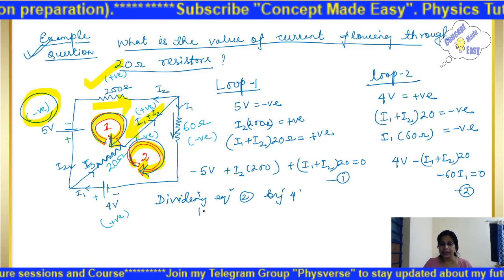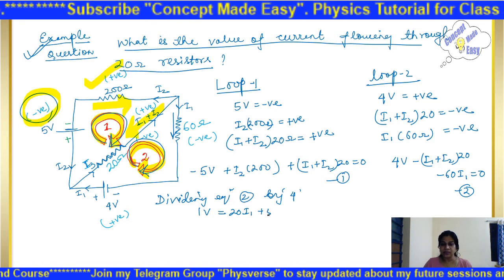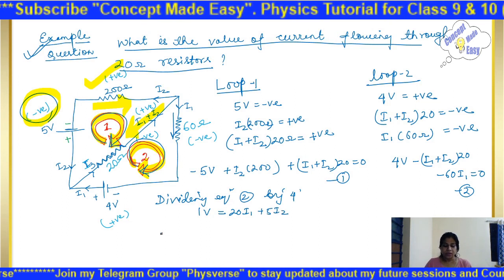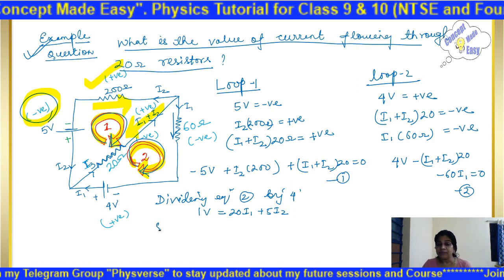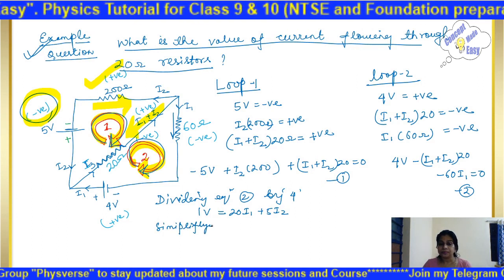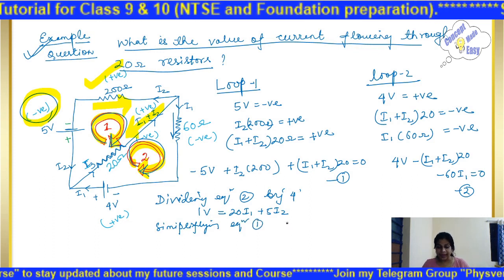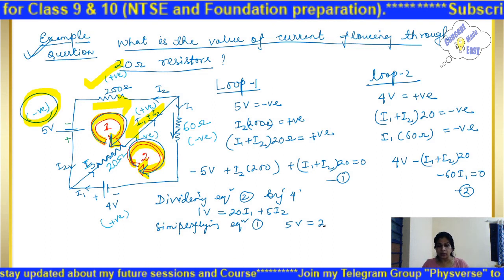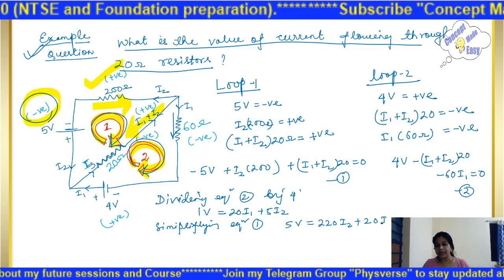You get 1 volt is equal to 20 I1 plus 5 I2. Similarly, simplifying equation 1, you will get 5 volt is equal to 220 I2 plus 20 I1.